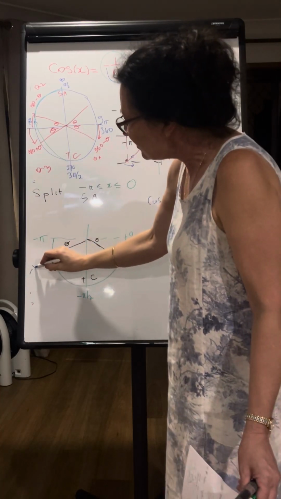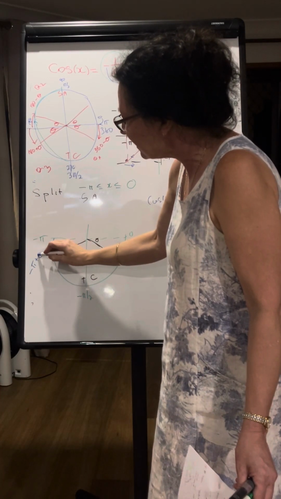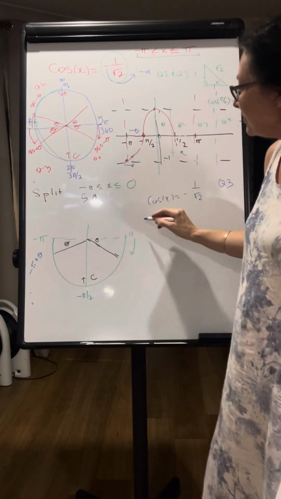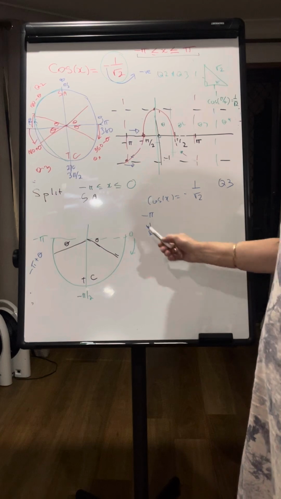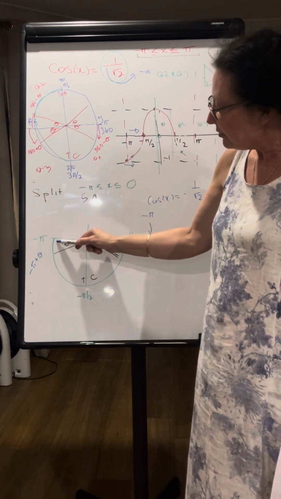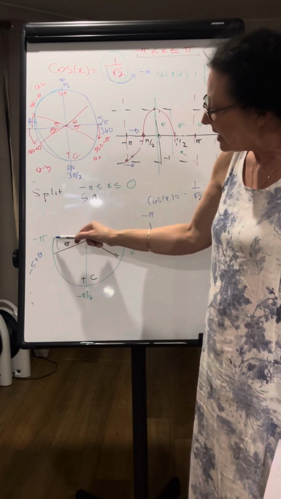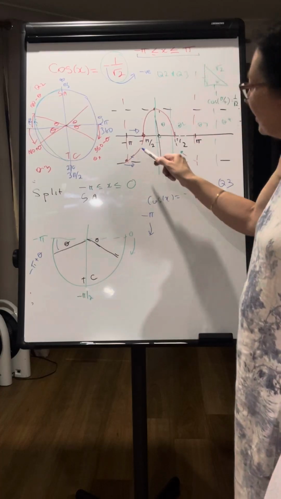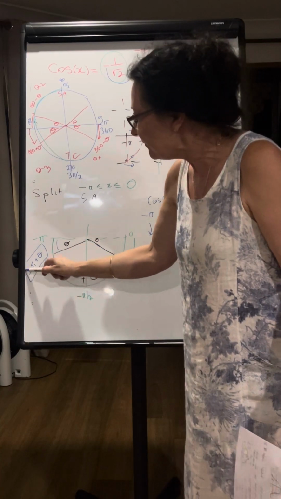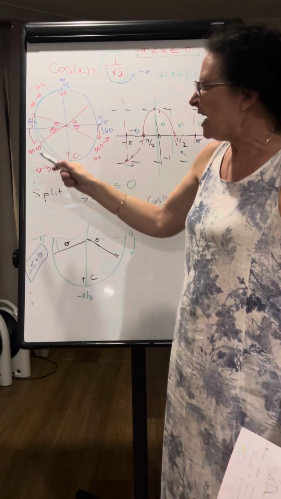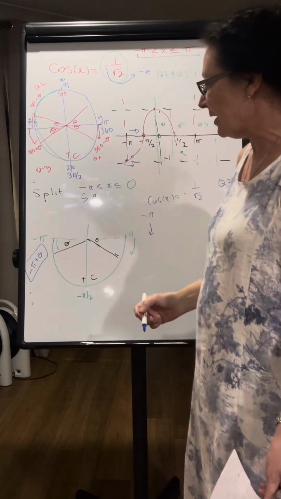So it's minus pi plus theta. When we're going in the negative direction and we're in this quadrant, we're going from minus pi and we're adding theta because we're getting closer to 0. Write that down every time.